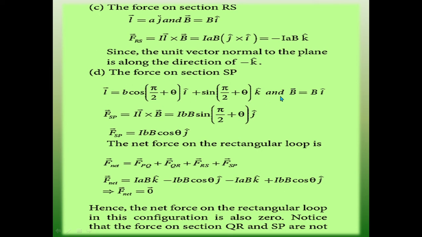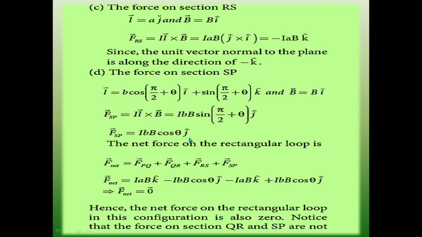That is why the force acting along SP, F vector, is equal to I L vector cross B vector, equal to I b B sin(pi/2 + theta) j cap. So the force acting along SP is equal to I b B cos theta j cap.